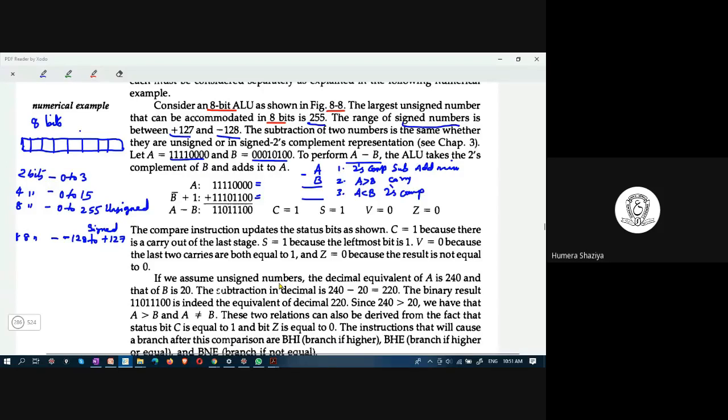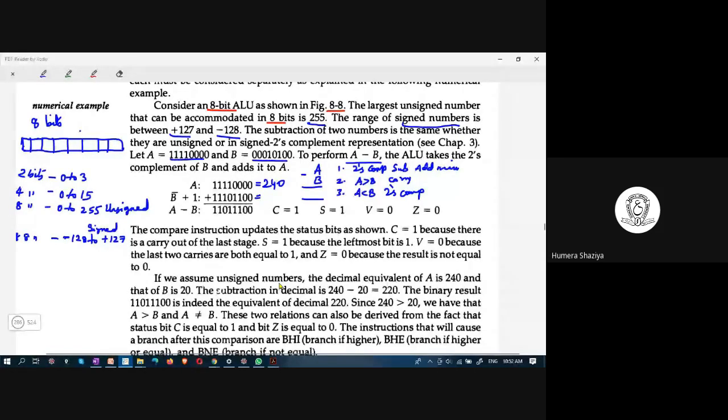How much will it be? 16 plus 32, 48. 48 plus 64 plus 128, 240. Okay, right. So it is 240.